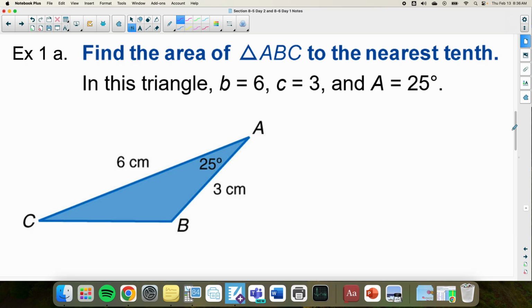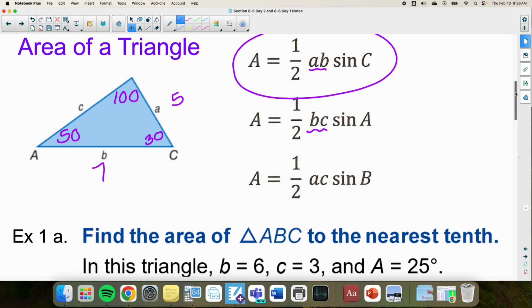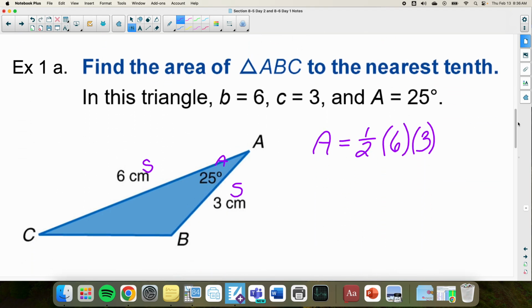When you have side angle side, you're always just going to go 1/2 times the two sides, 6 times 3, times the sine of the angle that is in between the two sides, so it's sine of 25. Now, if you don't like fractions, you can always do 0.5 when you plug that in.